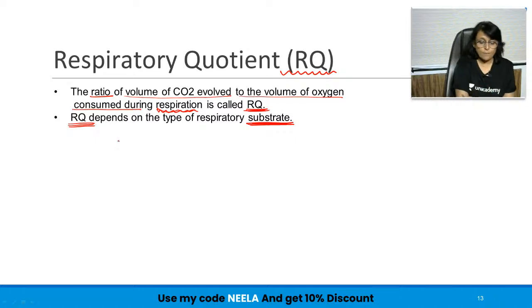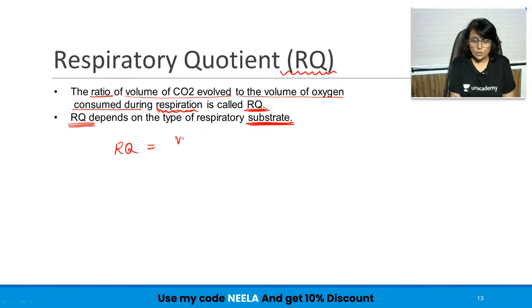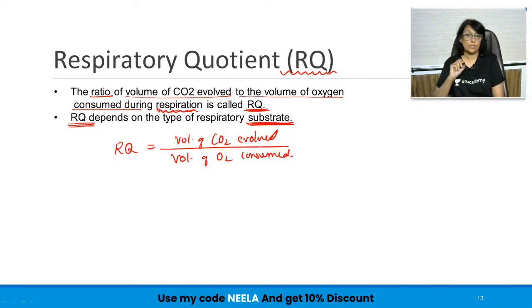Alright, so if we have to calculate RQ, we can write a very simple formula, that is volume of carbon dioxide evolved upon volume of oxygen consumed or used up.